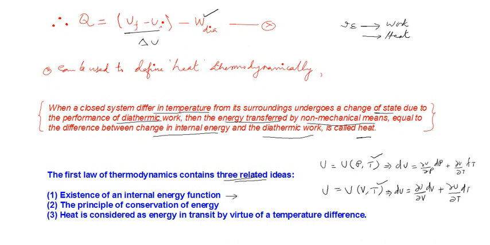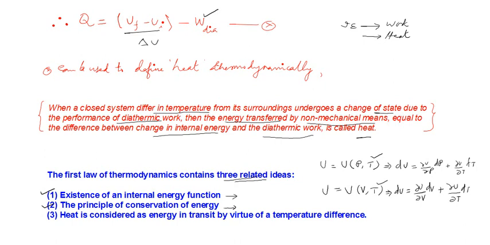So the existence of an internal energy function is given by the first law of thermodynamics. Second, it is nothing but a restatement of the principle of conservation of energy. You know that the total energy given to the system is always conserved. That is what is shown by the equation of the first law of thermodynamics.